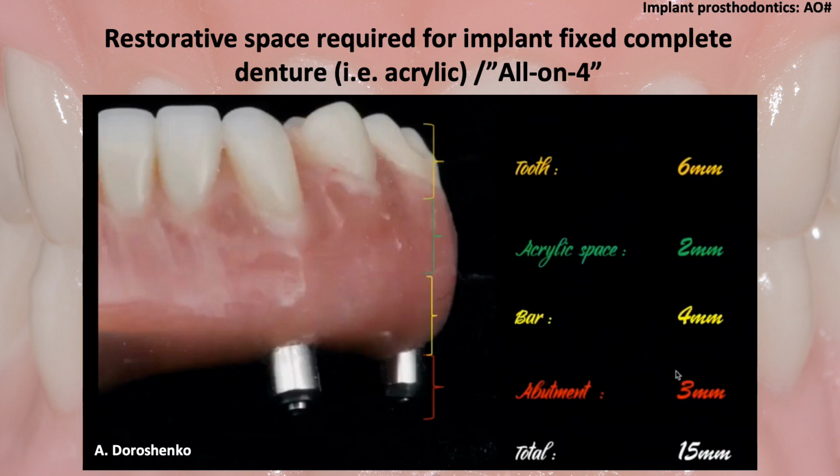When we add them all up, the denture plus the metal bar plus abutment that connects the whole prosthesis to the implant, it's about 15. In the literature, you'll see it's a range. Some people say at the minimum it should be 15, and it can go up to 18, sometimes even more, sometimes even less, but we'll just use Dr. Doroshenko's number here.